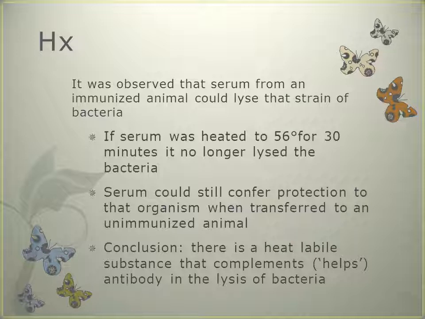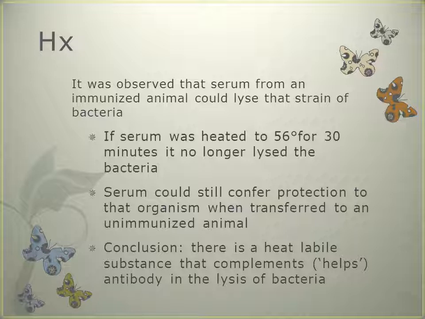A little bit of history here. Back in the 1800s, it was observed that serum from an immunized animal could lyse that strain of bacteria. So in other words, we have an animal that is immune to organism X. If their serum is added to organism X, it lyses.